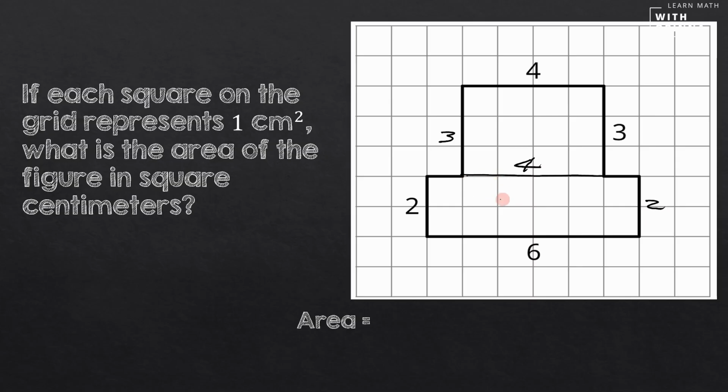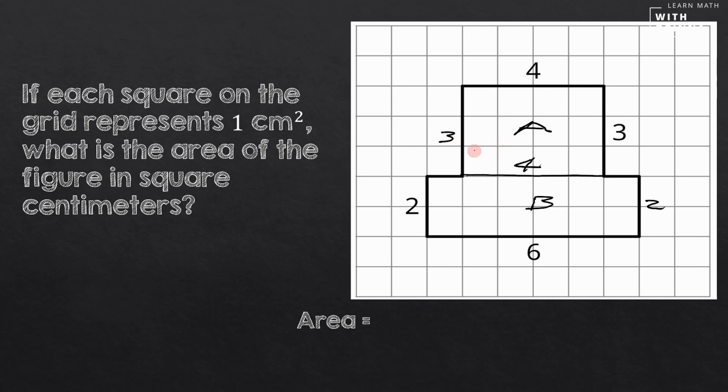If we look for the area of this first rectangle, rectangle A, and we look for the area of rectangle B, and we sum the 2 together, that will be the area in square centimeters of this shape. So let's do it together. In the first rectangle A, the dimensions are 3 by 4.